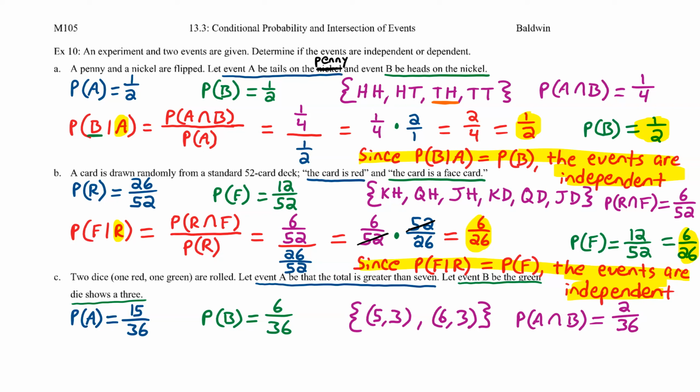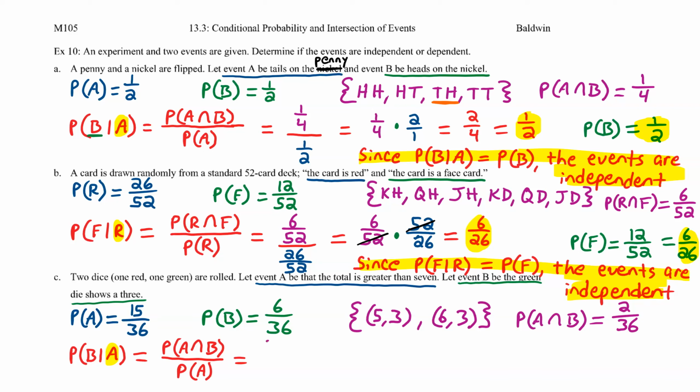And so now we want to look at the conditional probability of B given A, which is equal to the probability of the intersection over the probability of that event that's behind the conditional, A. So we substitute.